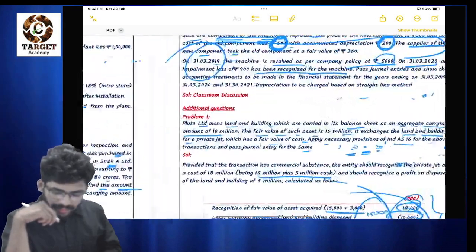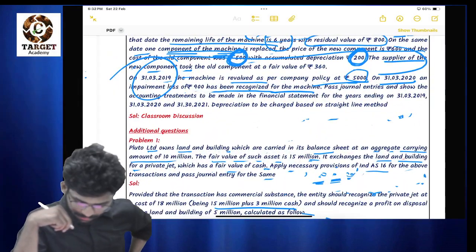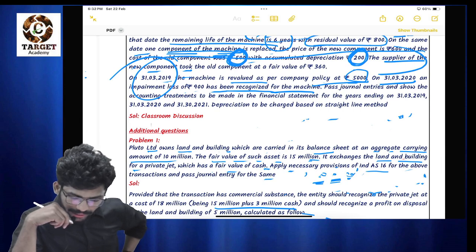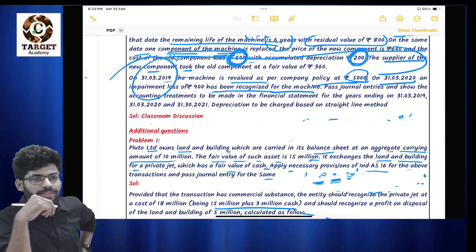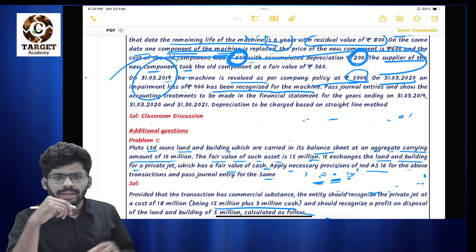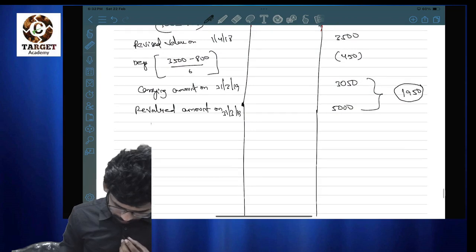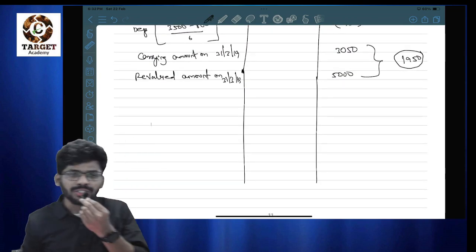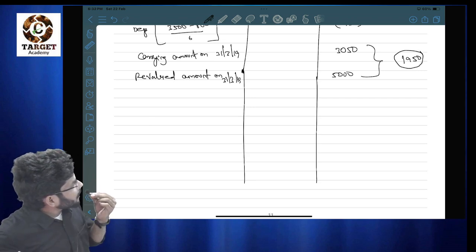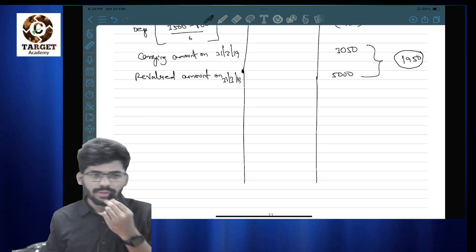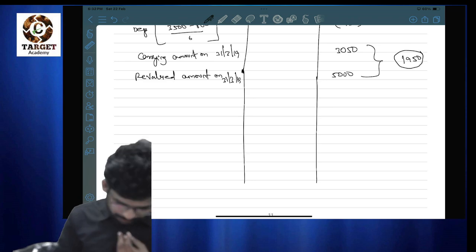Any additions in the current year 2020? On 31st March 2020, impairment loss is there. So we can calculate the depreciation for 2019-20. Depreciation should be calculated on which amount, 3050 or 5,000? 5,000.